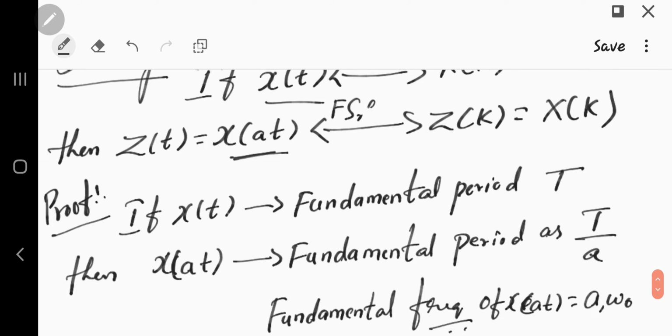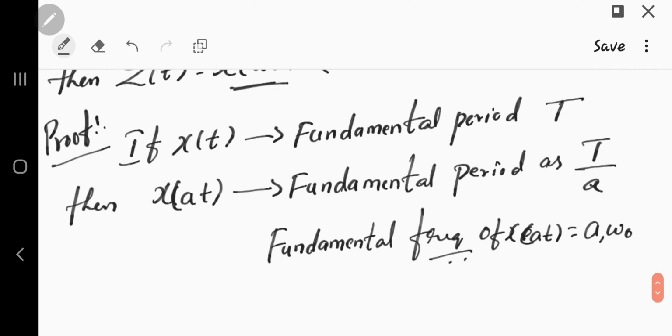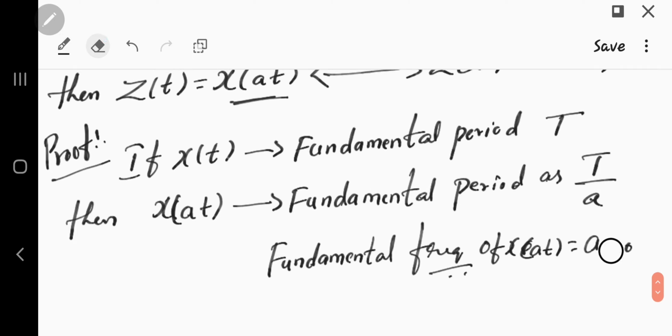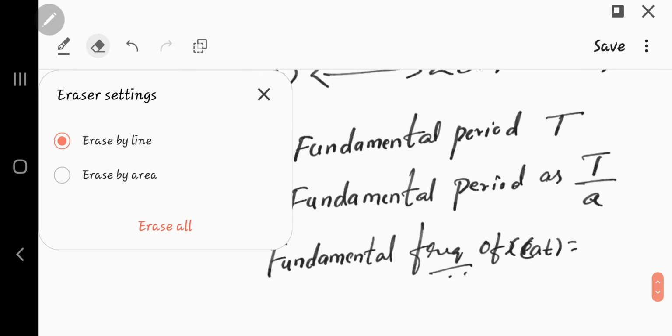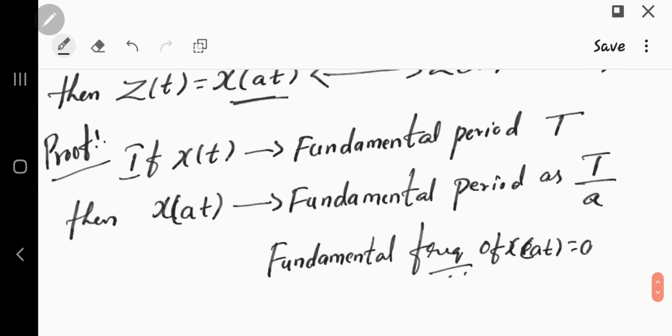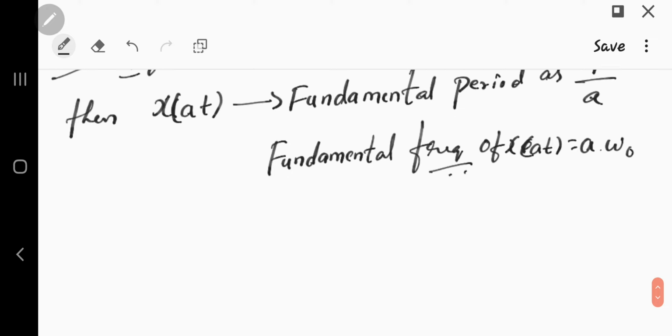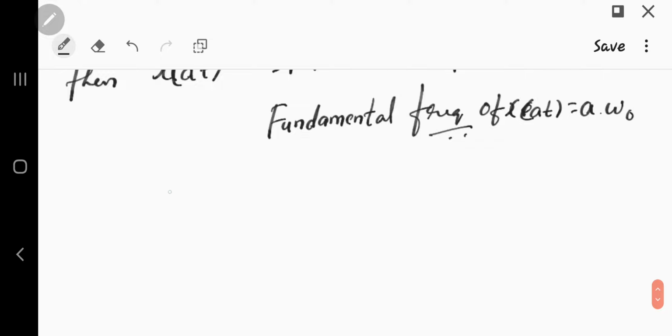So here the Fourier series will be performed with fundamental frequency a omega naught. It's not a comma, it's a into omega naught. So this is the major difference. Now let's take the proof of this.